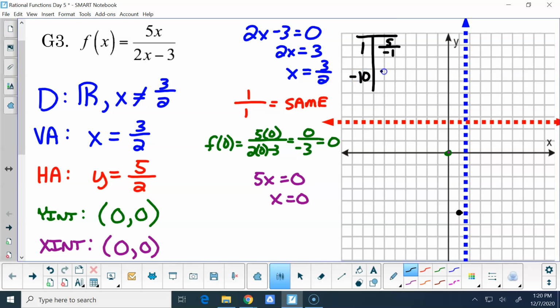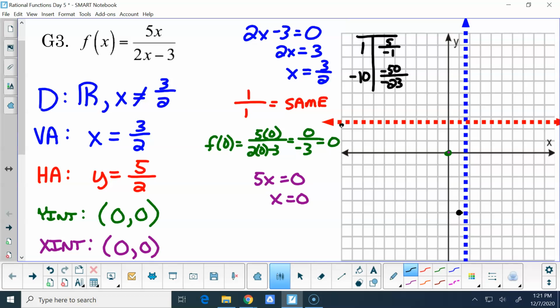Negative 10 times 5 is negative 50. 2 times negative 10 is negative 20. Minus 3 is negative 23. Negative 50 divided by negative 23 is a little bit less than 2.5. Actually like 2.3 something, I believe, or somewhere in that range. That gives me 3 points in that zone.